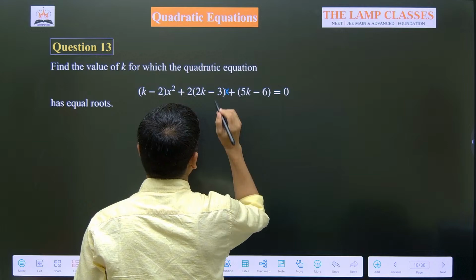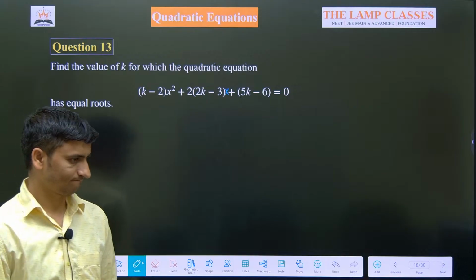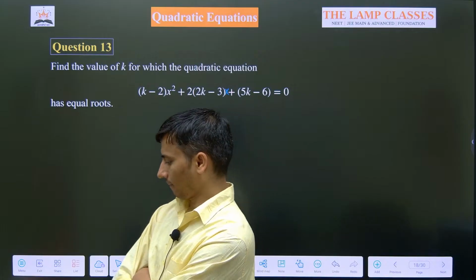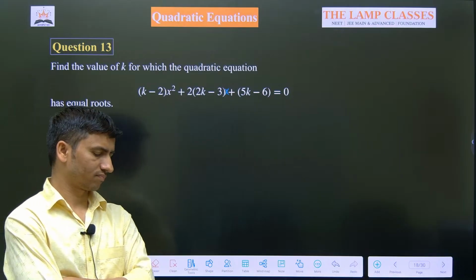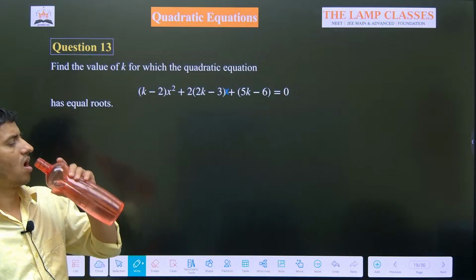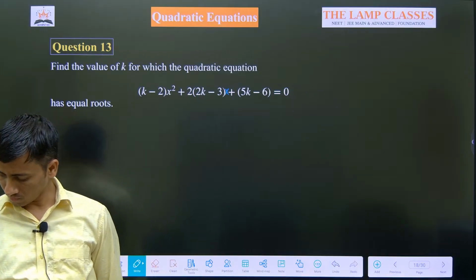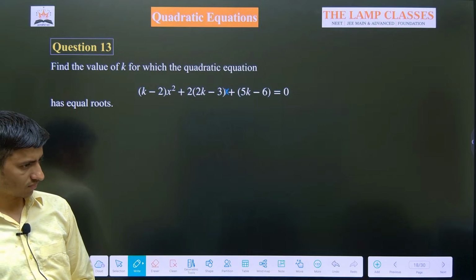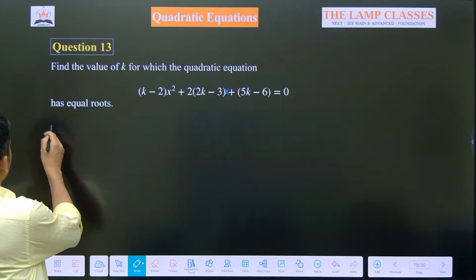We have x here, 2 into (2k minus 3) into x. Now you do. So let's do it carefully.